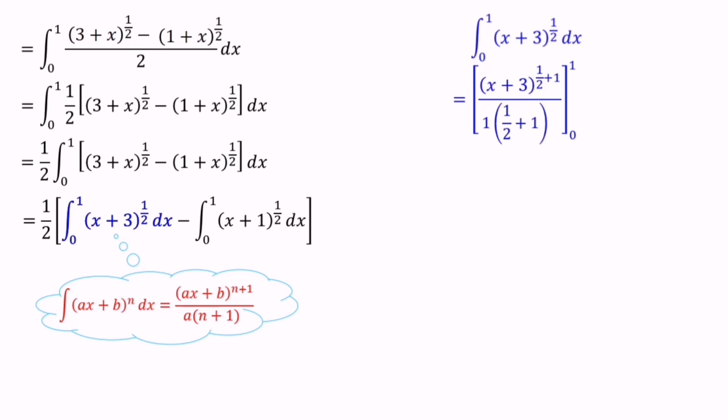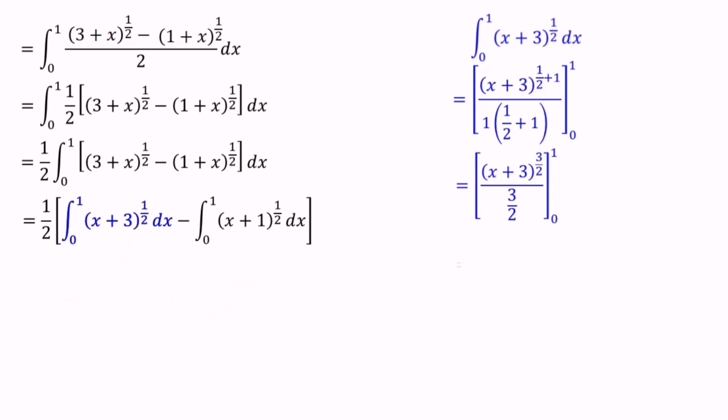Half plus 1 equals 3 over 2. Here, the coefficient of x is 1, so we use a as 1. Simplifying further, dividing by 3 over 2 is equal to multiplying by 2 over 3. Therefore, the result can be written as 2 over 3 times x plus 3 to the power of 3 over 2.